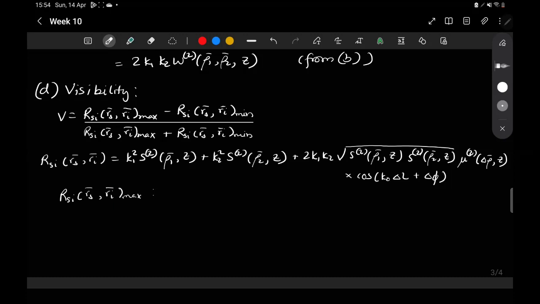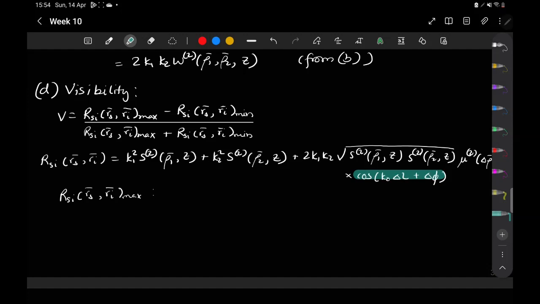Now maximum or minimum will actually depend on this cosine term. So when the cosine term is 1, then we get maximum.